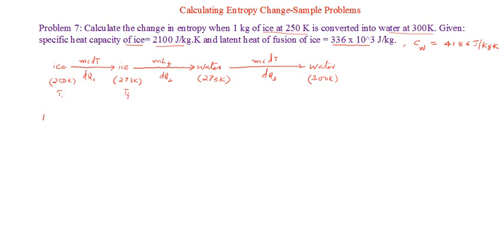So stage 1, the first one. What will be delta S1? Delta S1 will be equal to the integral of dq by T. We have already derived the ready-made equation, which is m into c into log of Tf by Ti.